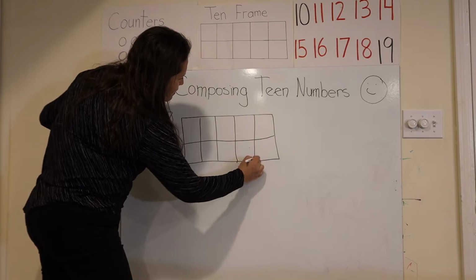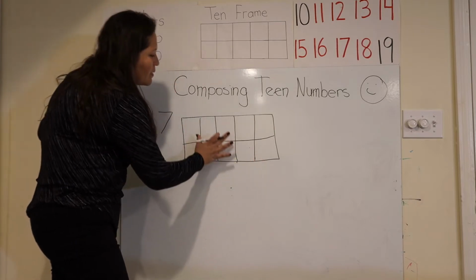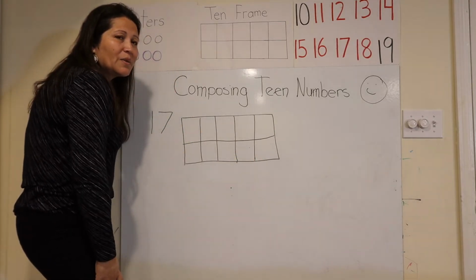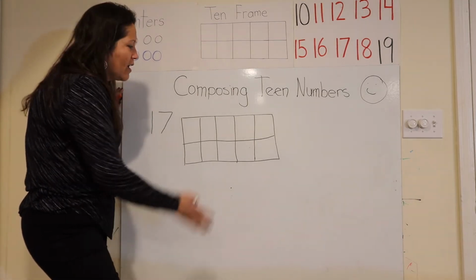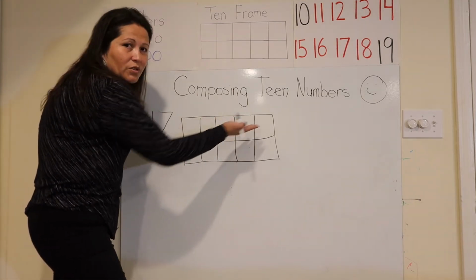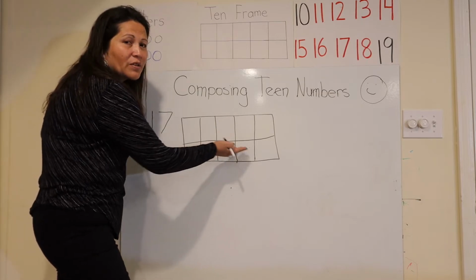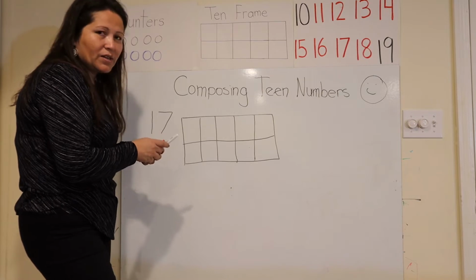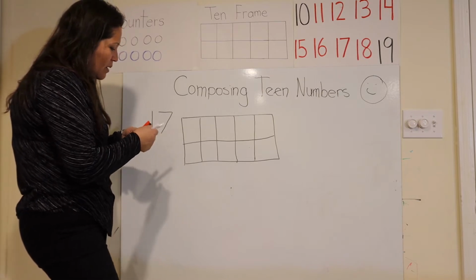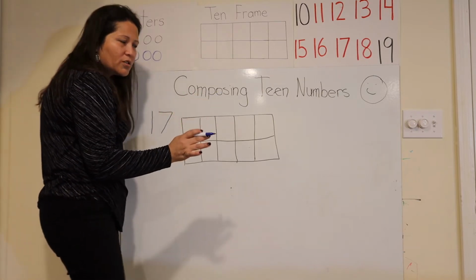So I'm gonna remember, every time I have a 10 frame, it's because I can place 10 counters inside, right? I can place 5 counters on the top and 5 counters on the bottom. So let's see how many counters this holds. I'm gonna use 2 colors to see.